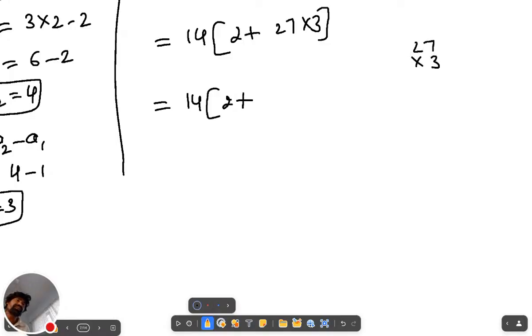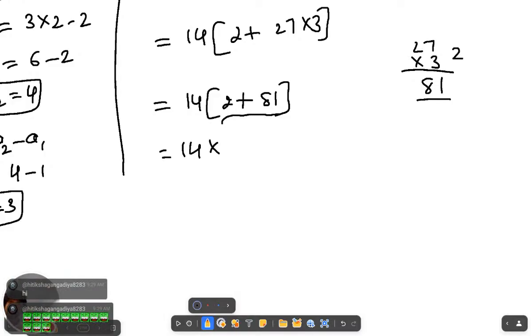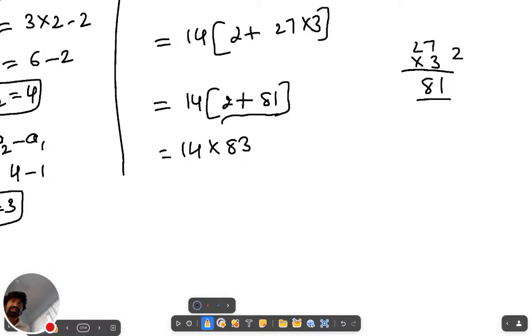How much will we get? 3 sevens are 21, 3 twos are 6, 81. So it is equal to 81. Next, 14 into 2 plus 81, 83.